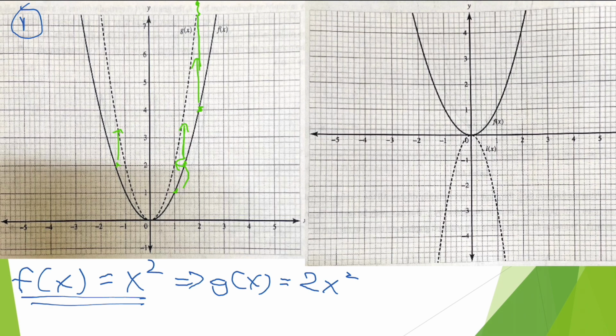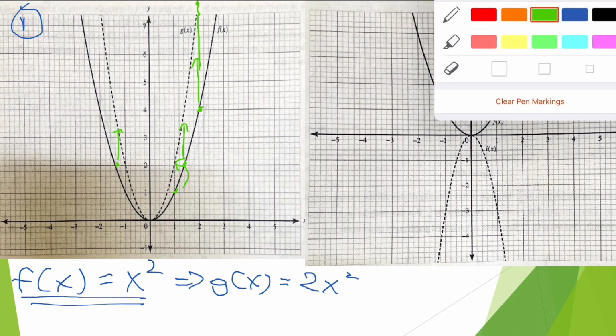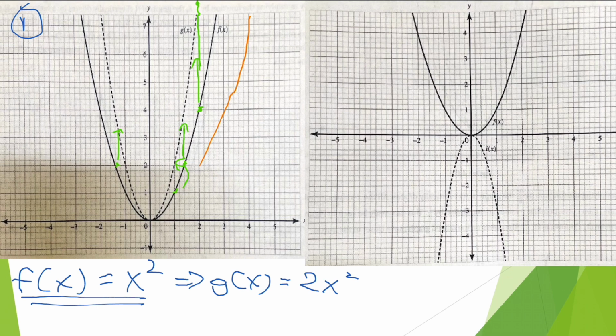If a was, let's say, between 0 and 1, then the function would have been something like this, moving closer to the x-axis. All the points are moving closer to the x-axis. And that was for a being between 0 and 1, like instead of a 2, we had 1 by 2 x squared.